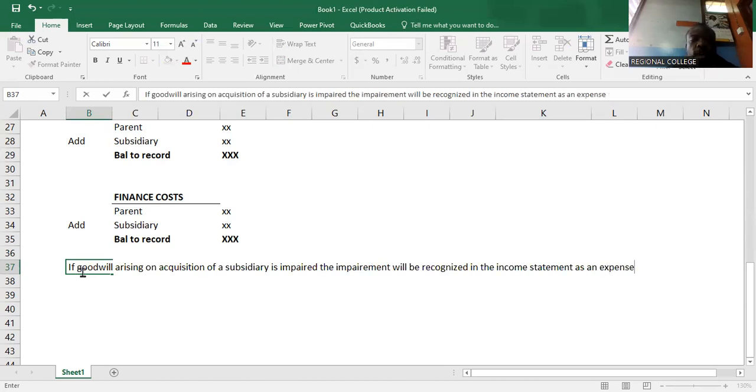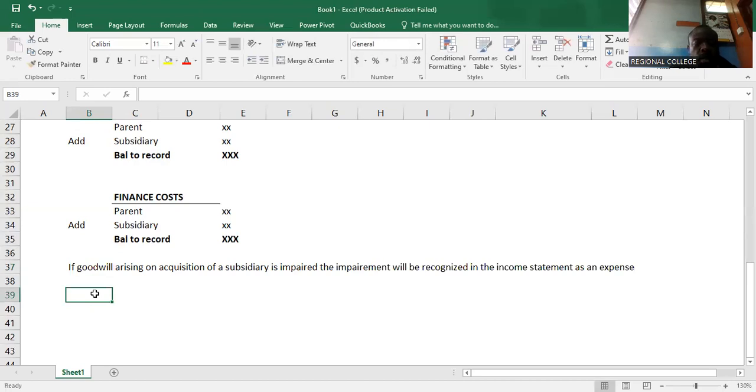So you have to deduct it after calculating the goodwill. You apply the impairment rate given, then that expense is recognized in the income statement. So that is how you can now get the profit before tax.